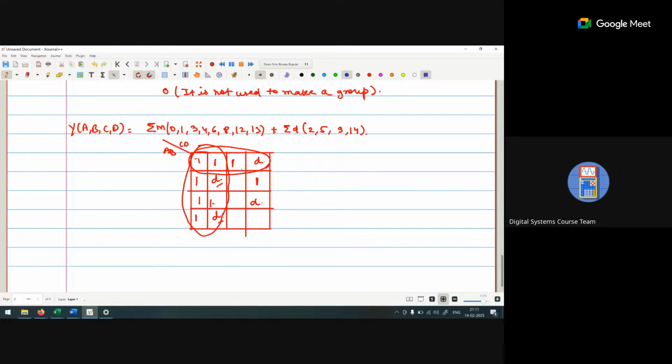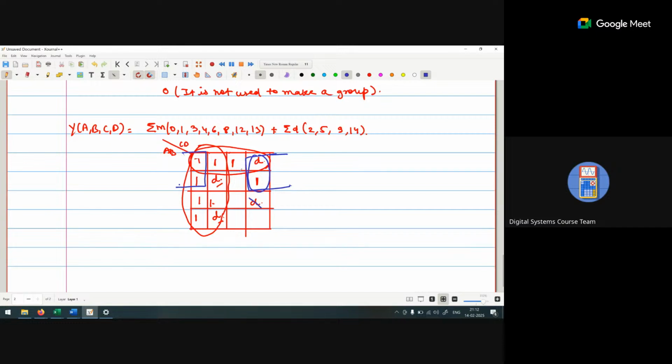And if I consider this D, a group of 2 is possible. Sorry, 2 this one, 2 this one, and 2 this one, a group of 4 is possible. Now no minterm will be remaining, no ones will be left.